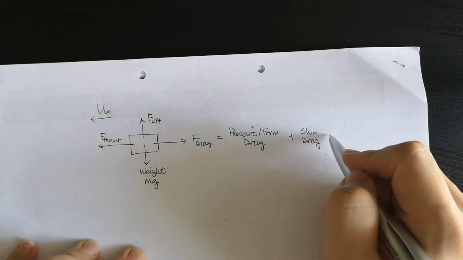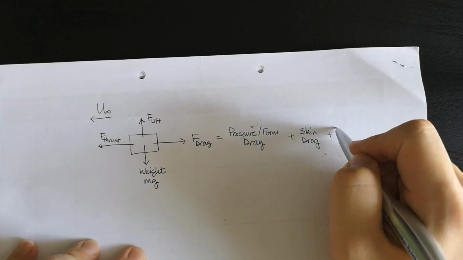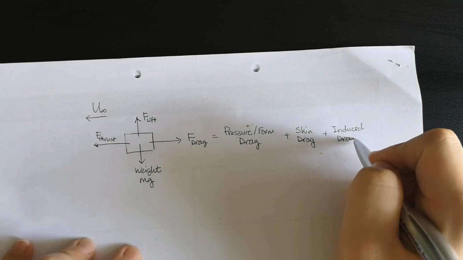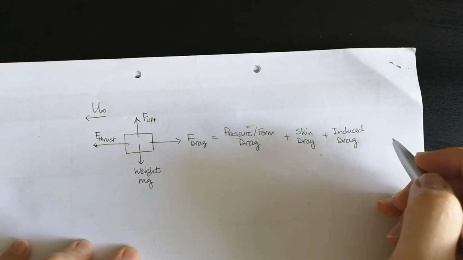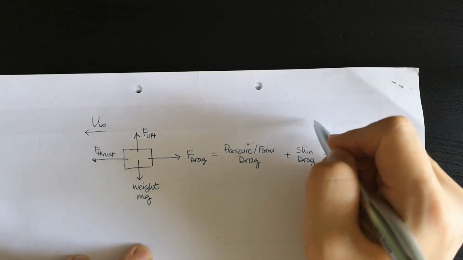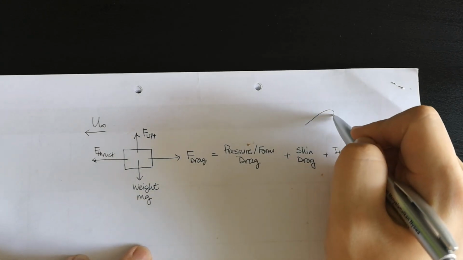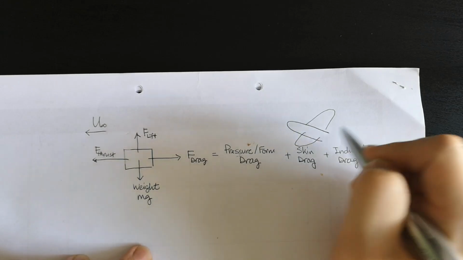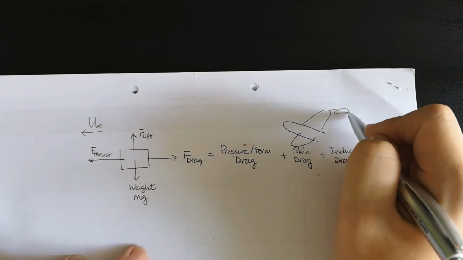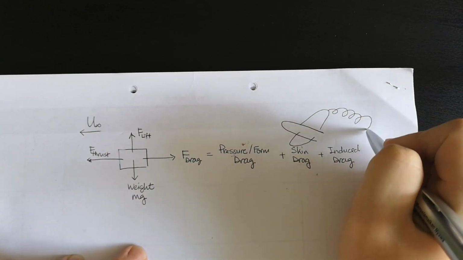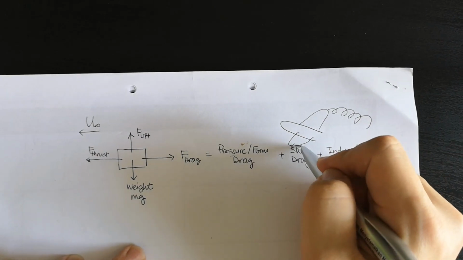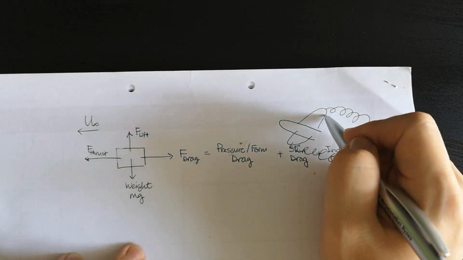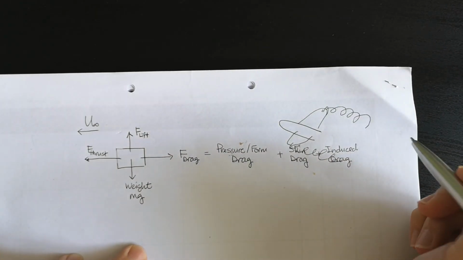The third form we have is called induced drag. This induced drag is like wingtip vortices. Imagine this one is an aircraft. At the tip here, due to high pressure at the lower surface and low pressure on the upper surface, the high pressure region will tend to overflow to the upper surface.